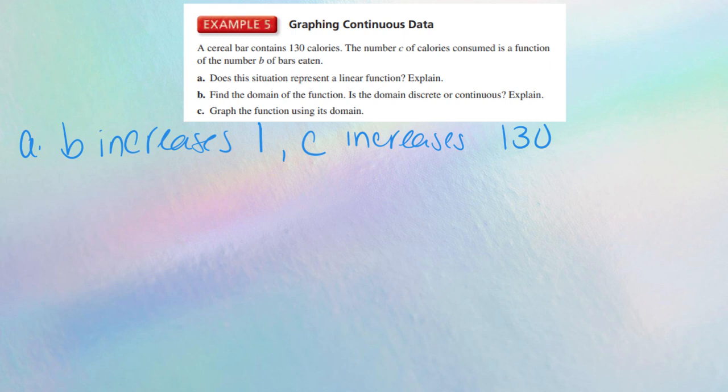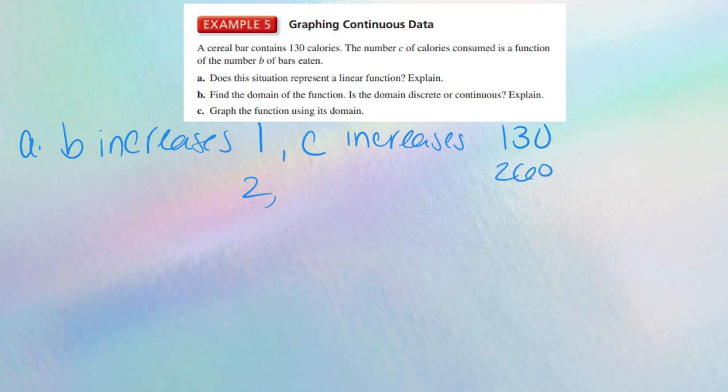C is calories and B is the bars, okay? So if I increase to 2 bars, what will C be? 260. And it goes on like that, right?